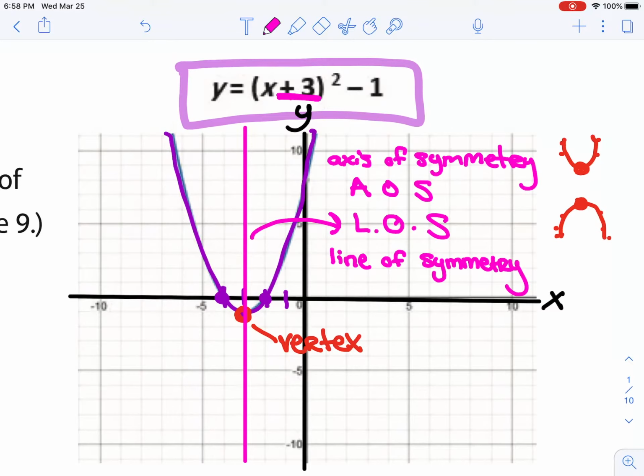Now, my line of symmetry isn't at 3 because that would mean it's all the way over here, but it has to do with the 3. If we look, it went 1, 2, 3 over, but it went 3 over to the left.